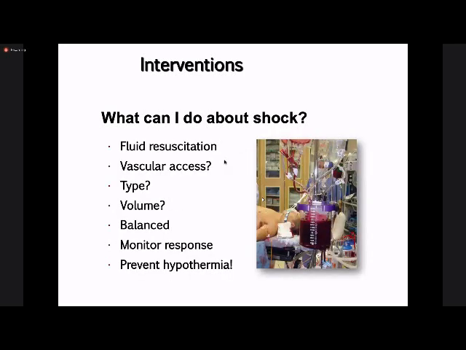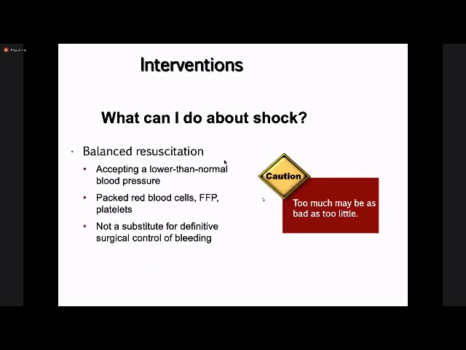So before you give fluids, these are some of the things you need to think of. What fluid to give, from where are you going to give the fluid, how much fluid to give, how to assess the response, and what are the potential pitfalls when you are giving fluids, for example, hypothermia. So these are some of the things that should quickly go through your mind before we give any fluids.